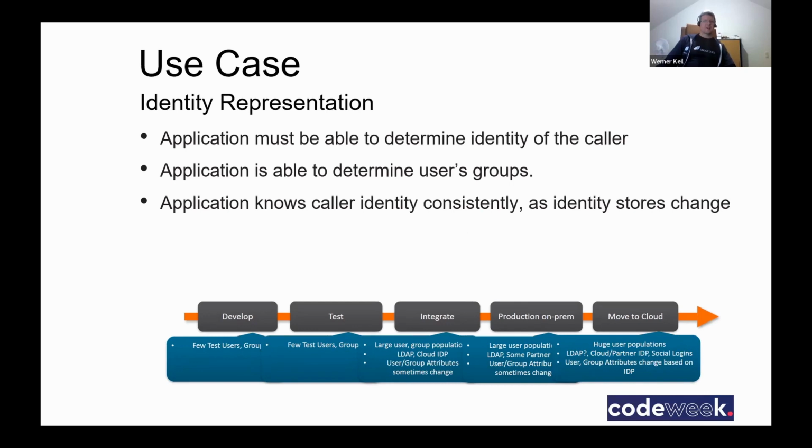The application always has to be able to determine the identity of the caller or user, as some frameworks call them, as well as all the groups that the users belong to, and know the user identity regardless of the underlying identity store. So even if the identity store should change from one system to another, the identity information should be consistent.